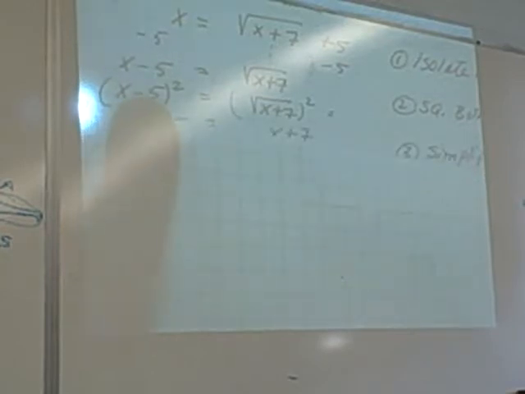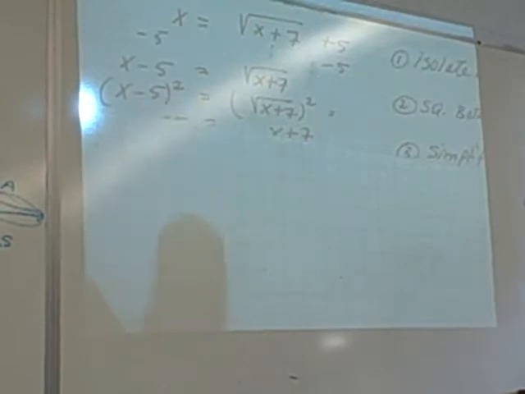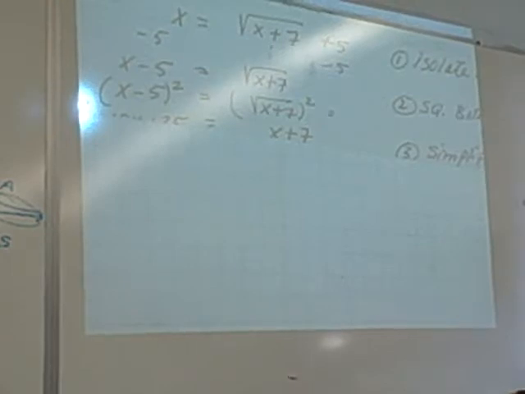I know I'm going to have x minus 5 squared, and I know you all know how to multiply binomials, right? And you tell me what you get when you multiply that out. x minus 5 times x minus 5 is going to be what? x squared minus 10x plus 25. Okay, sounds like a plan.